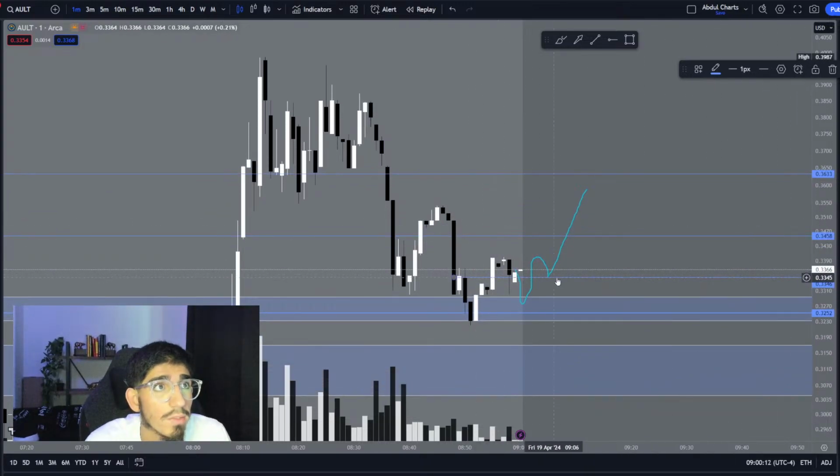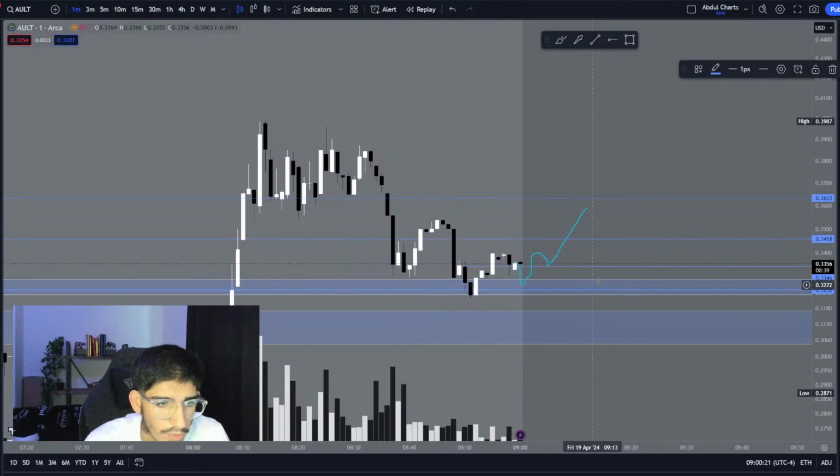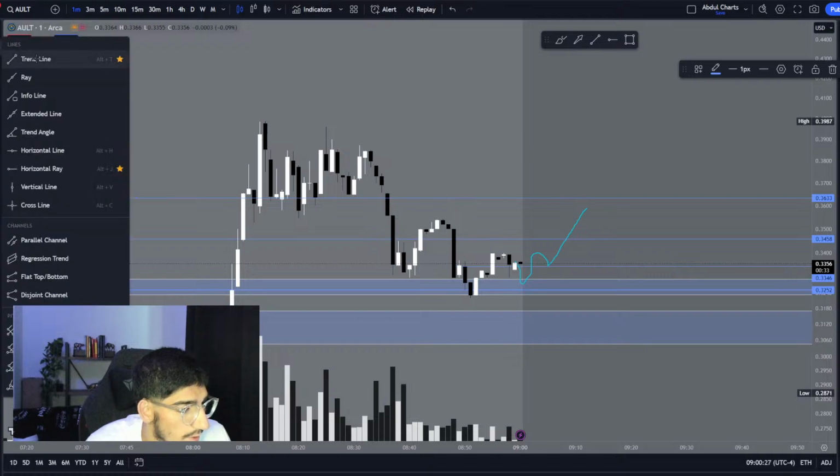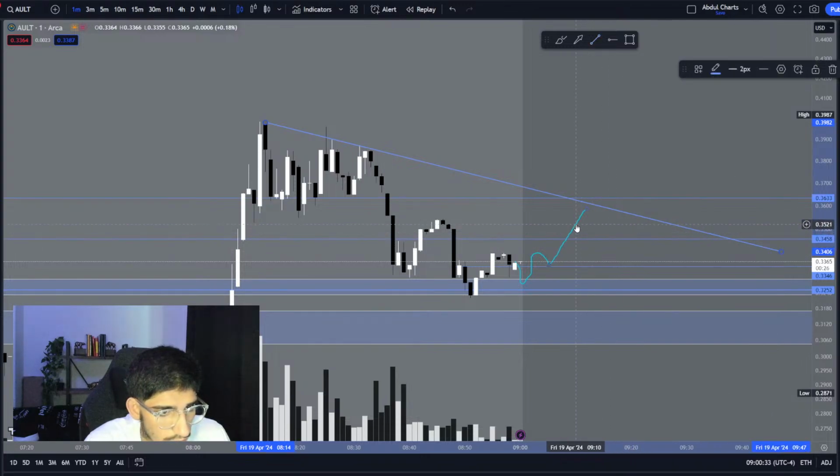If we reclaim this level, there still isn't a lot of room on the stock. From 33 to 35, it's good, it's not bad, but there isn't a crazy amount of room just based on the price target. So let's see what we get right here. Overall, the bigger picture trend would be this. Let me delete this.